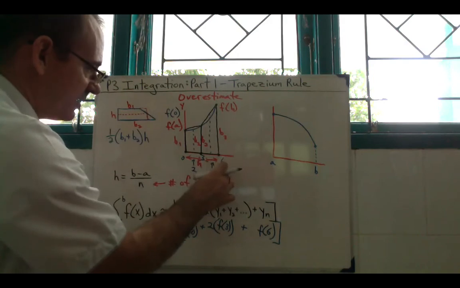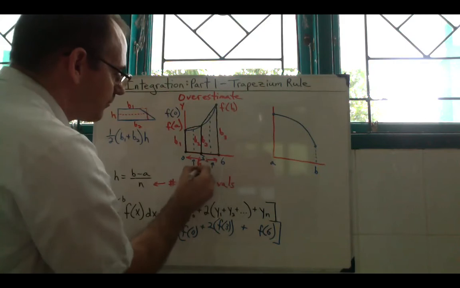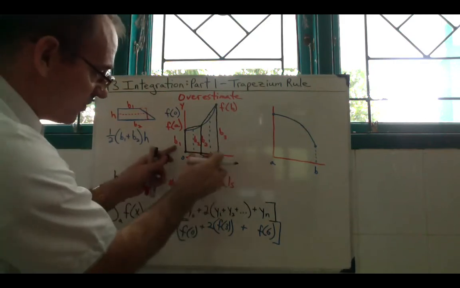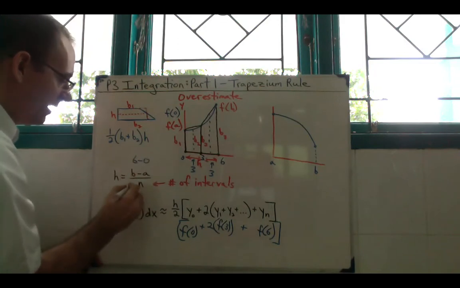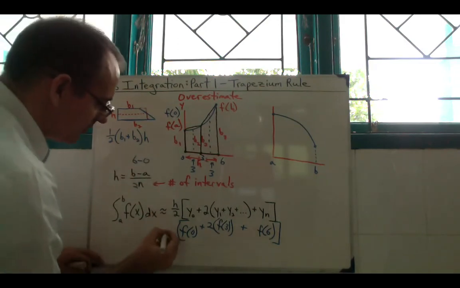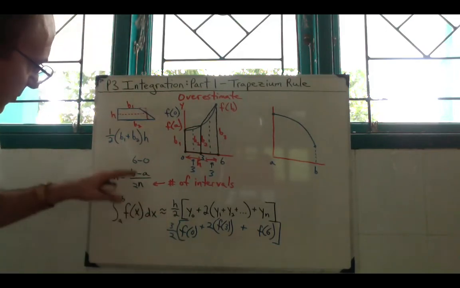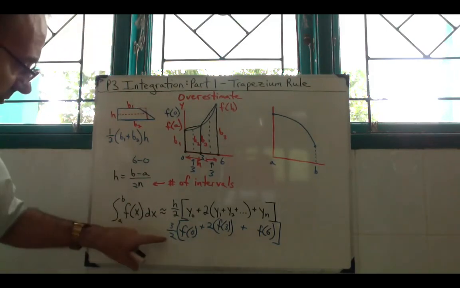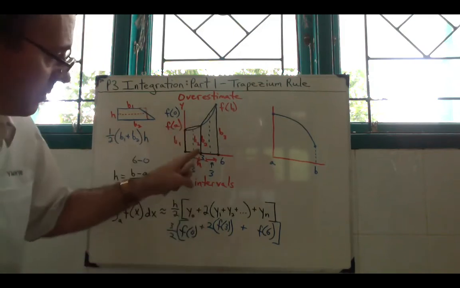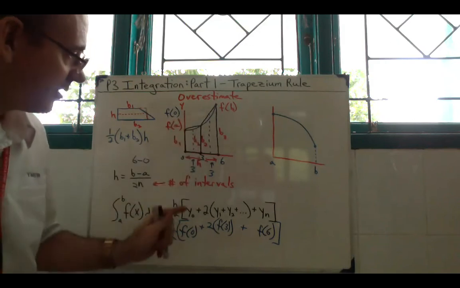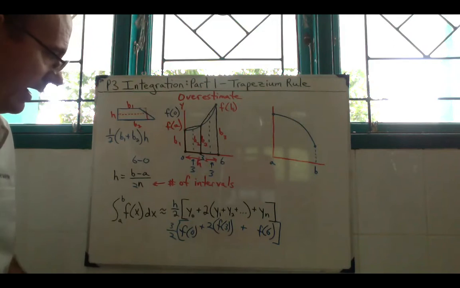Now our height is 3, because we do 6 divided by 2 intervals. So 6 minus 0 divided by 2 gives us 3. So our height divided by 2, because of this 1/2, times, and we have to add up all the bases. But the middle bases, our bases are going vertically, get counted twice.